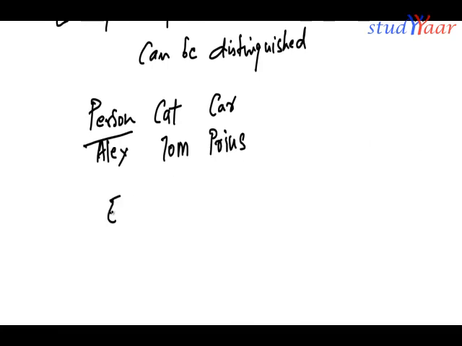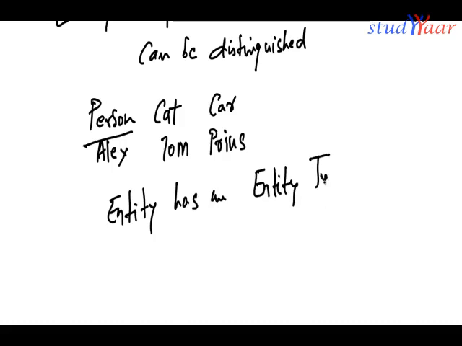An entity has an entity type. An entity type is basically a specification of that entity. It determines what the characteristics of that entity are.